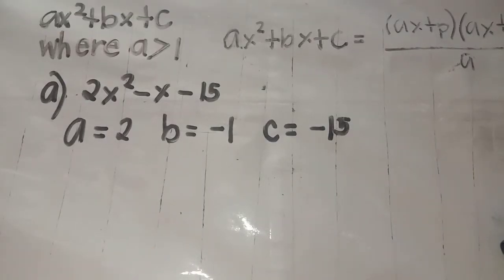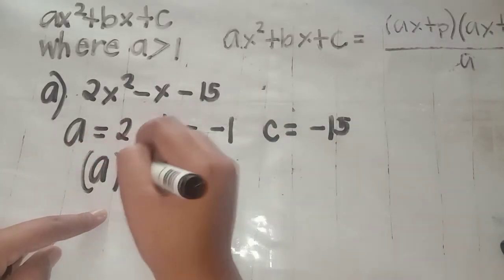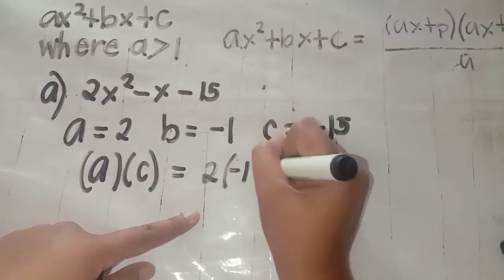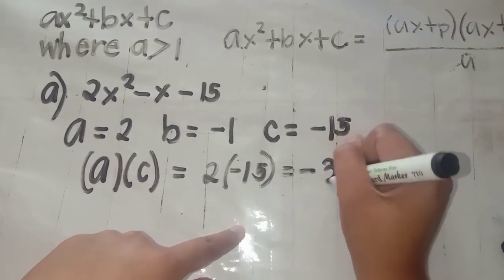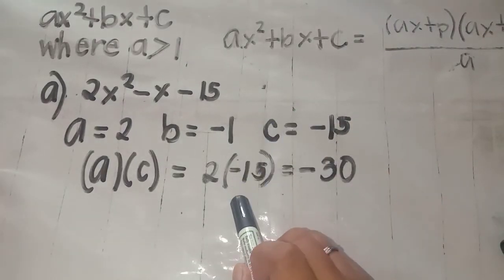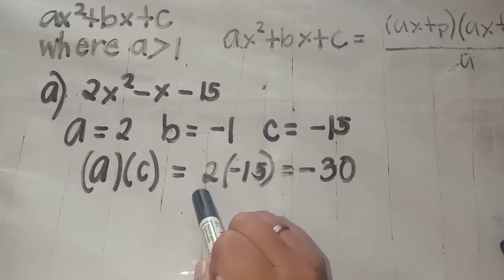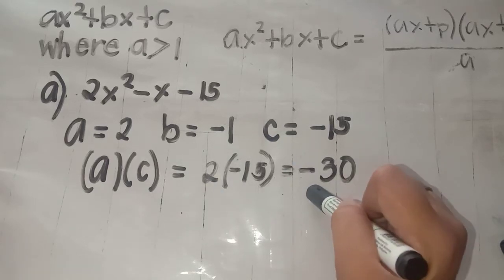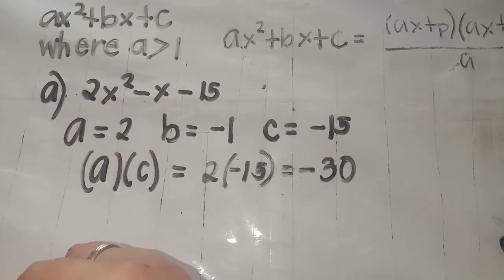After that, we get the product of a and c, which is 2 times negative 15, or negative 30. Don't forget the rule for multiplication of integers: unlike signs, the answer is always negative; like signs, the answer is always positive.